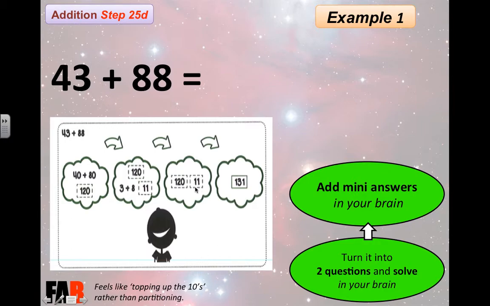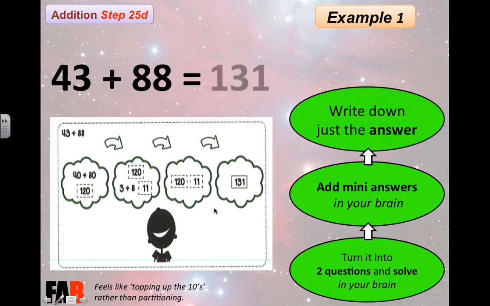So you're always going to be topping up the number of tens by 1 only. Adding that together in my head, 120 plus 10, 130, plus 1 equals 131, and then we just write down the answer.